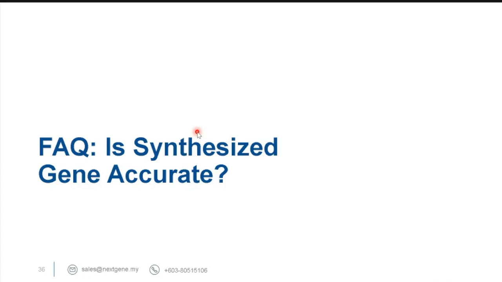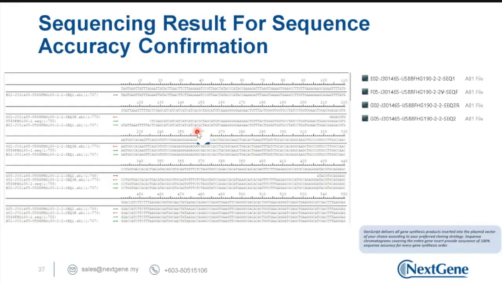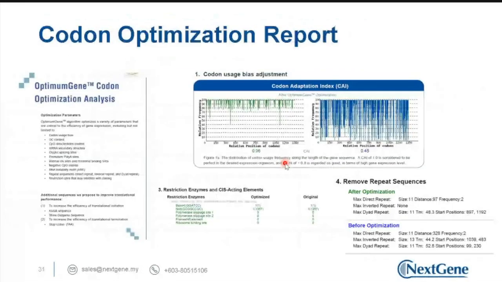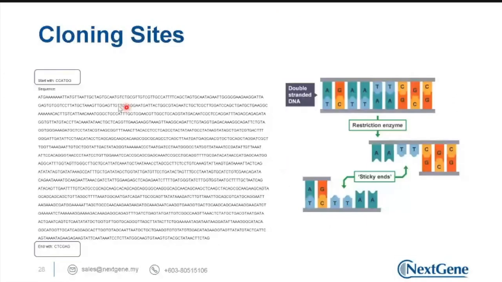The first frequently asked question will be, is my synthesized gene accurate? We actually guarantee the sequence accuracy, and we will use the Sanger sequencing method to confirm it. The important point is that when we generate the quotation for the user, we will deliver a text file to the user.